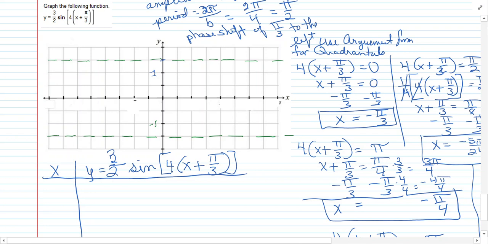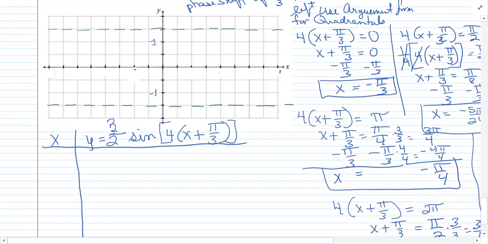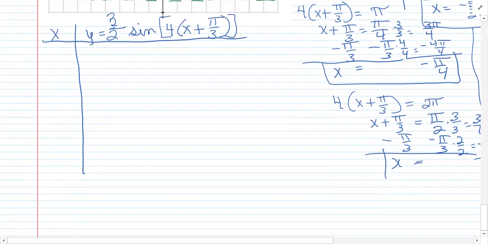All right. So our first one is negative pi thirds. So if we put that in, I'm going to have the 1 1/2.